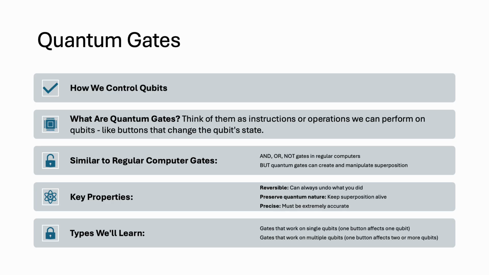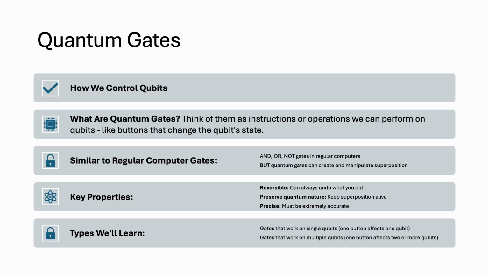Now that we have understood the qubits and their challenges, let's learn how we actually manipulate them to perform calculations. This is where quantum gates come in. Just as classical computers use logic gates like AND, OR, NOT and so on to process bits, quantum computers use quantum gates to process qubits.